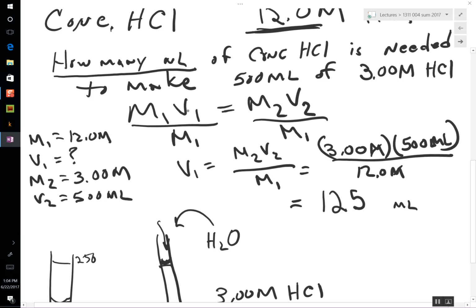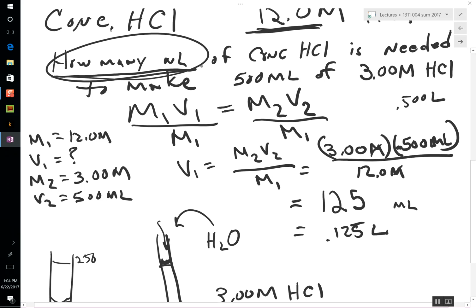Yeah, if we converted them to liters, it would come out the same way. If we converted that to 0.50 liters, then we would end up with 0.125 liters. And if it says how many milliliters, we would multiply this by 1,000 milliliters per liter and get the same answer.